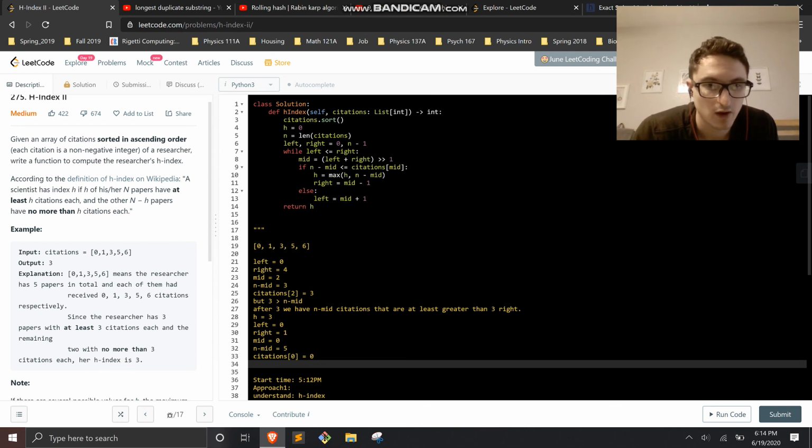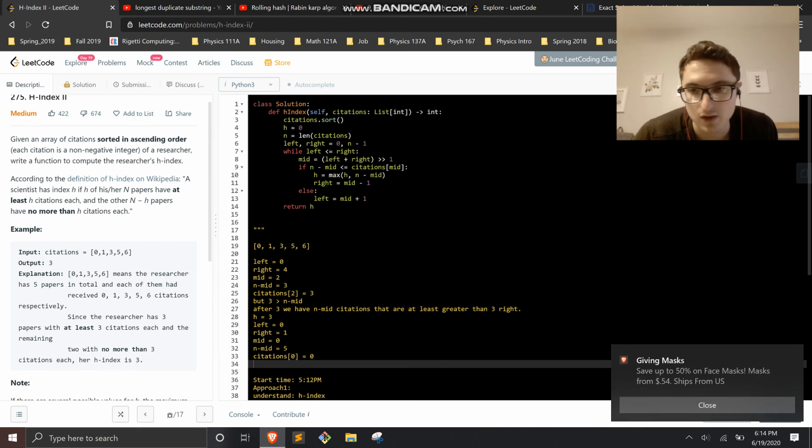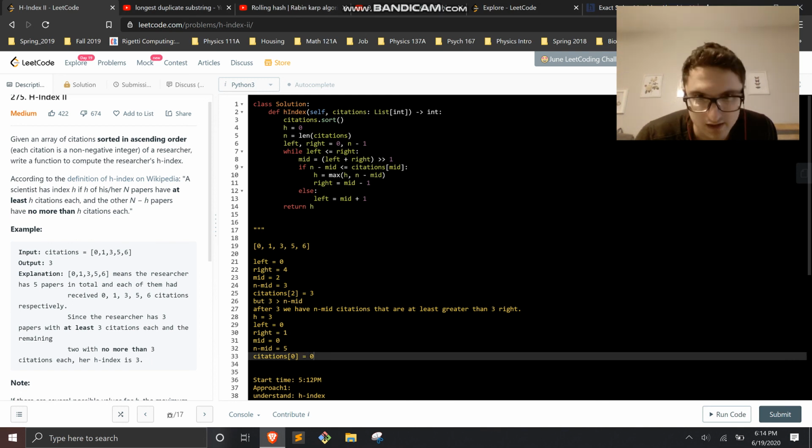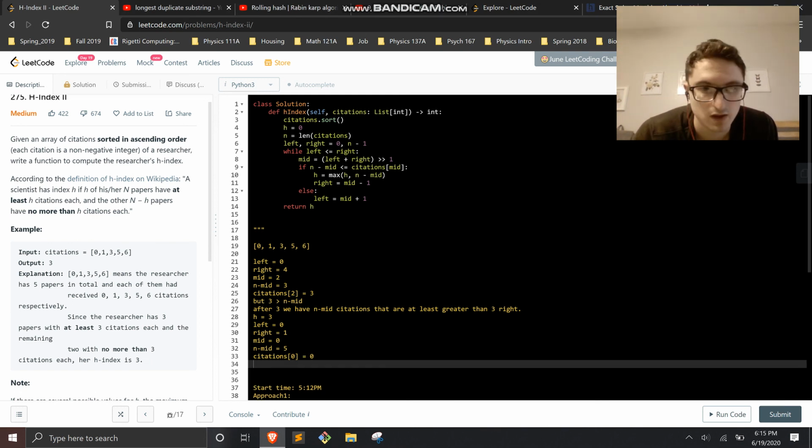We cannot say that they all have a value of at least 5, because first off, the element you're looking at right now is less than 5. So we would have to say, well, we need to move to the right. So if you move to the right, you would basically get left equals, you move the left to the right.